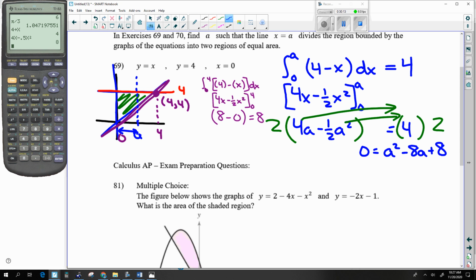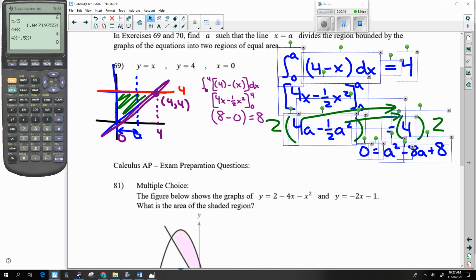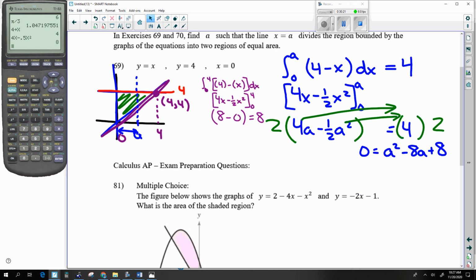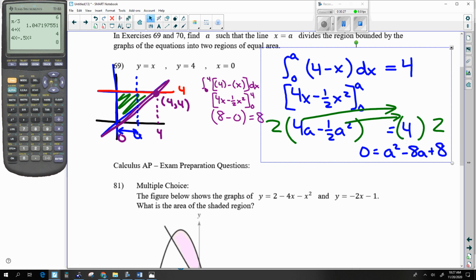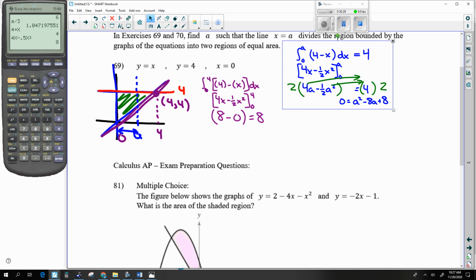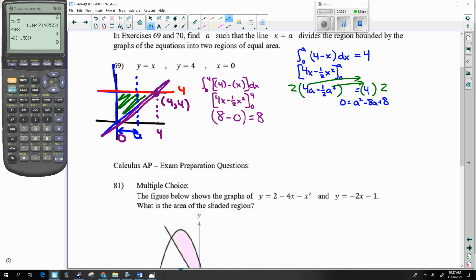So I'll do the completion of squares. Give myself a little bit more room. What I'm doing is solving for a. I'm thinking of this as being on the right-hand side. So this is a squared minus 8a, and then I move the constant across, negative 8.